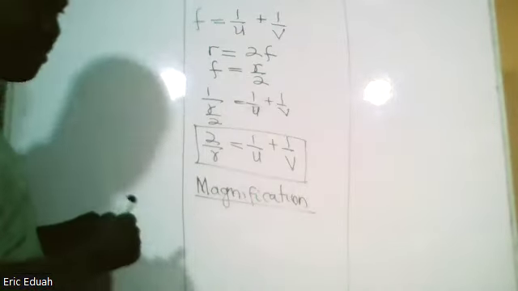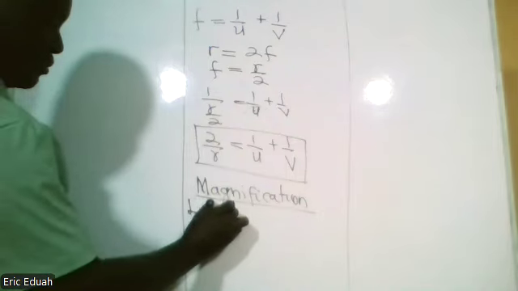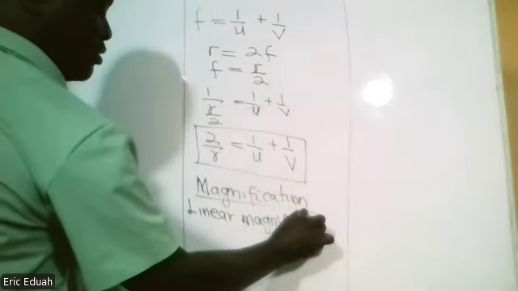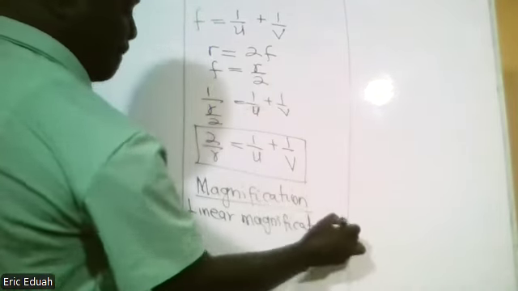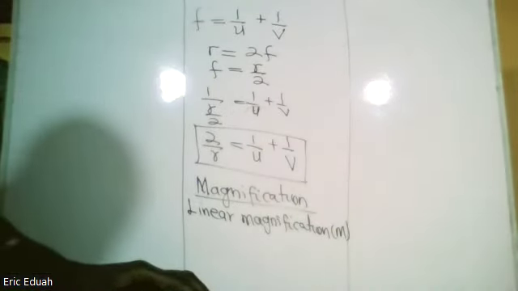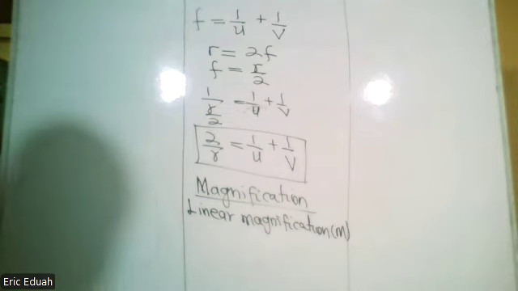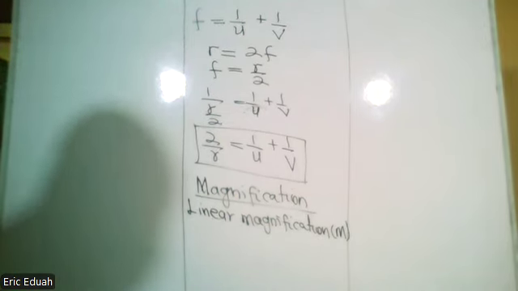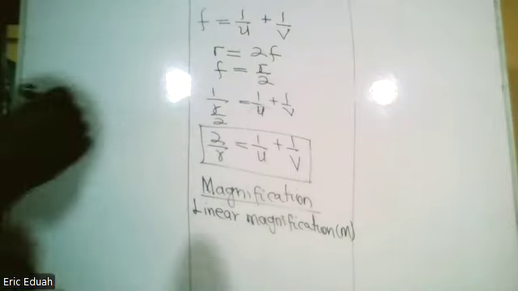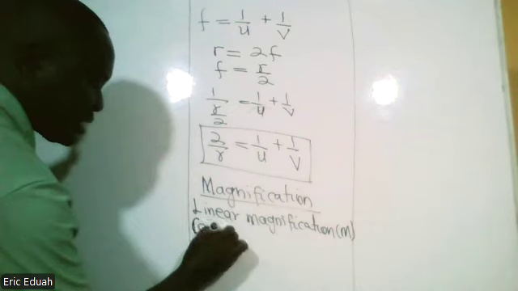Here we term this particular magnification as linear magnification, represented by small letter m. Linear magnification can be expressed in 2 different forms or aspects.